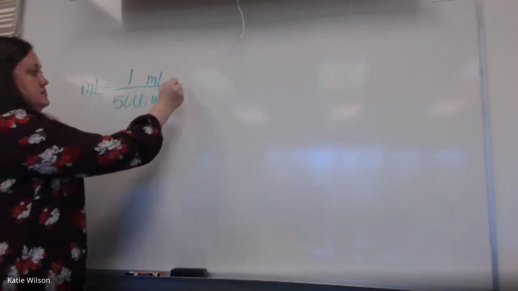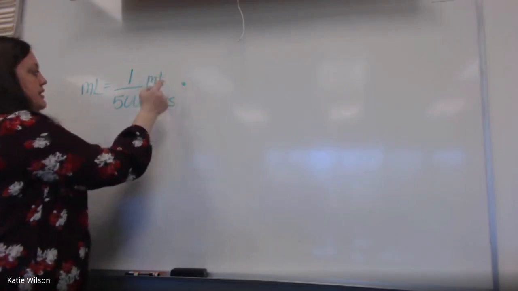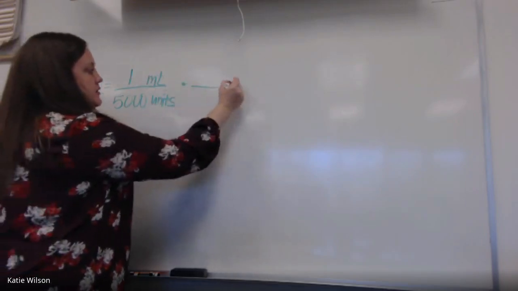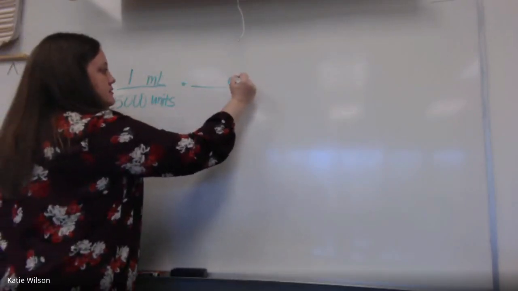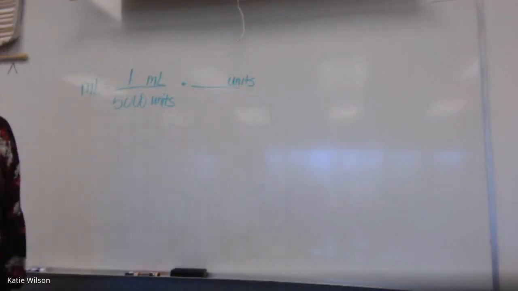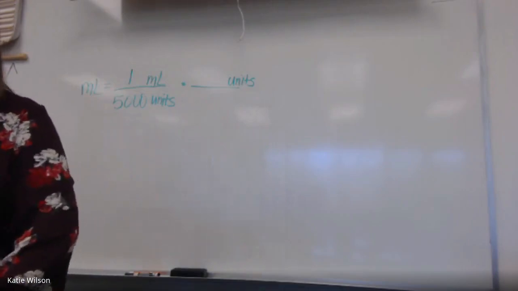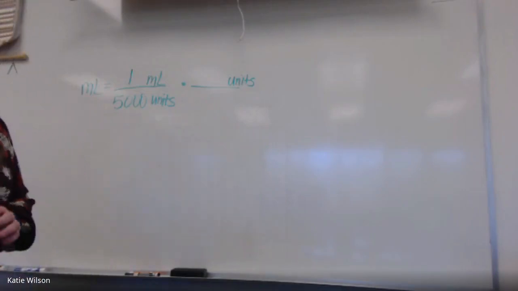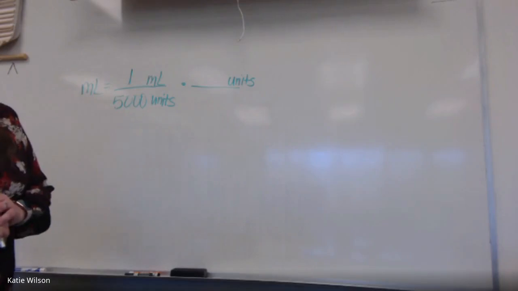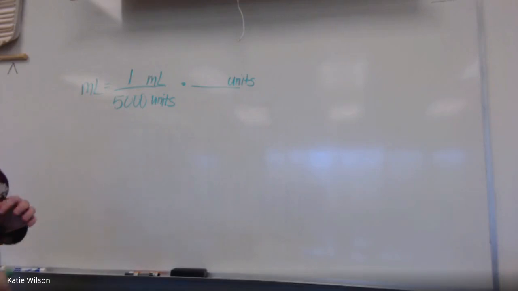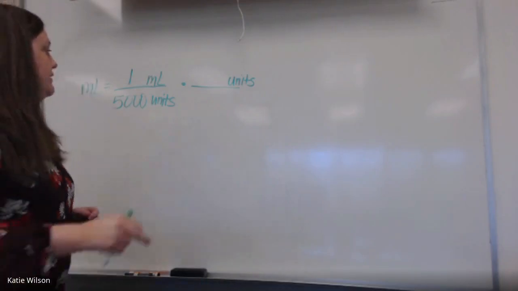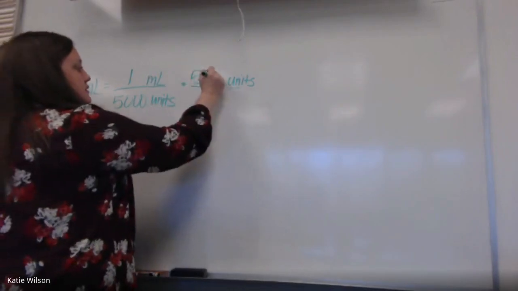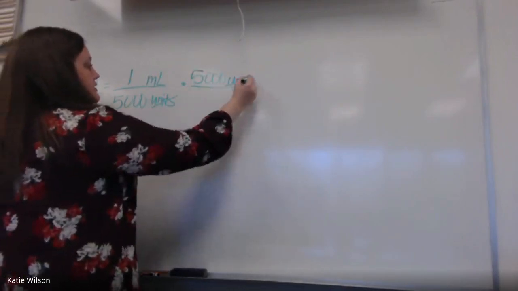So I want milliliters on top, but I don't want units, so I'm going to cancel that out. And then they say what? 5,000 per dose. So we're going to give 5,000 units. That cancels out units.